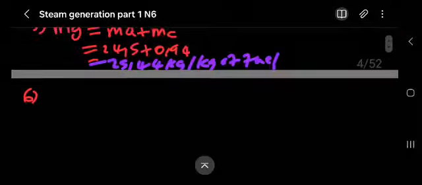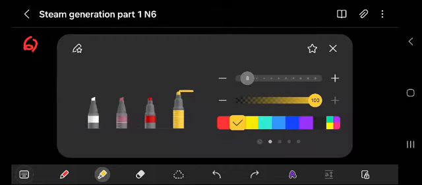Heat unaccounted is when we subtract everything from the total. You can draw your components if you want. You can use this in the form of a diagram if you want to understand it that way.